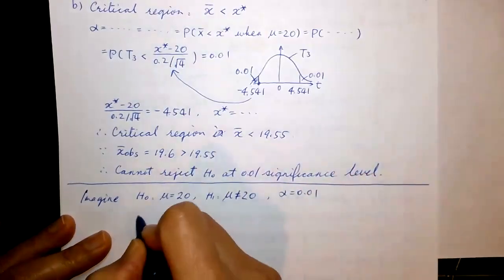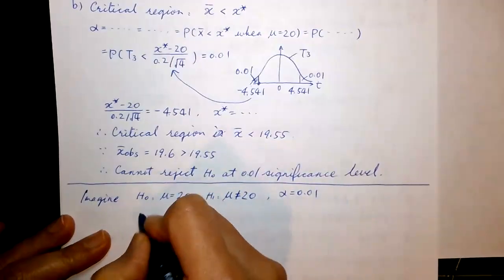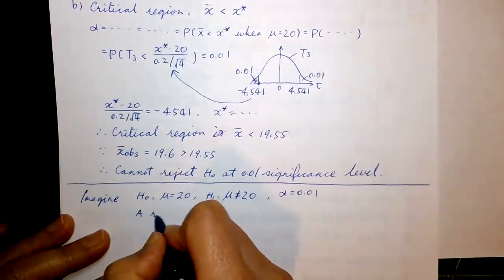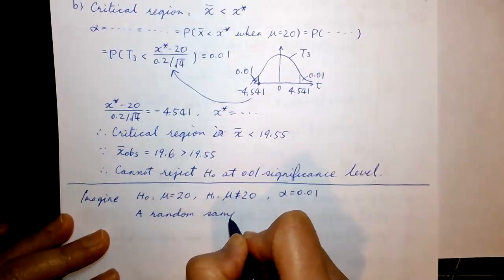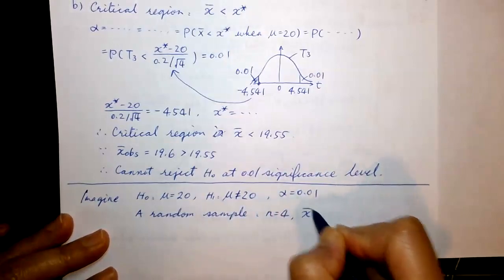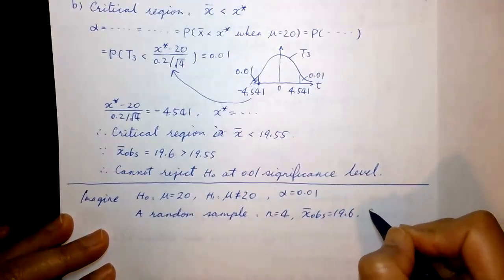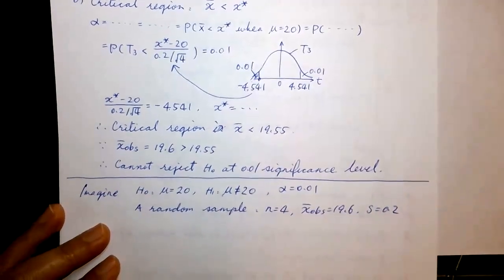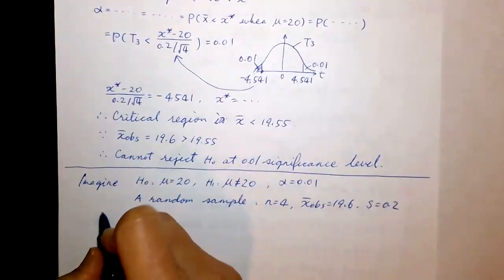So it's just a 2-sided test. I use the same random sample. So this is the only change, just to introduce the critical region method. I'm not going to calculate anything. Just want to remind you of the idea.